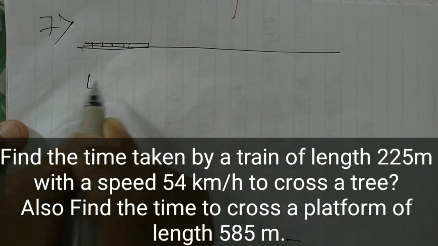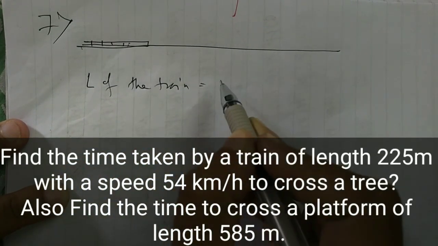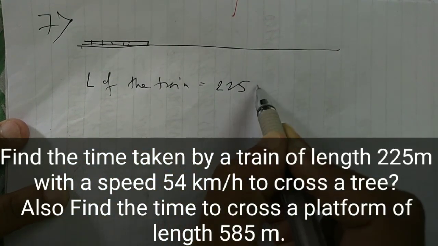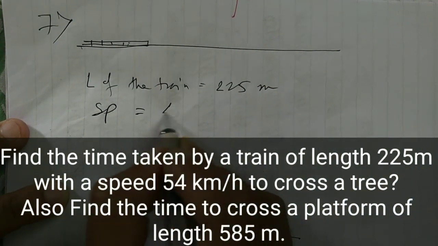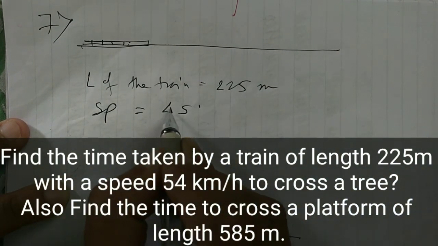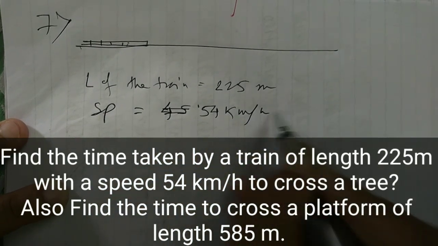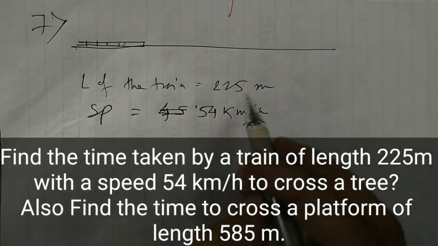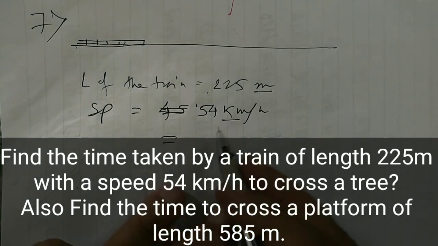The length of the train equal to 225 meter. What is the speed of this train? 54 kilometer per hour. But the problem is length is in meter, but here it is kilometer. So we need to change it into meter per second.